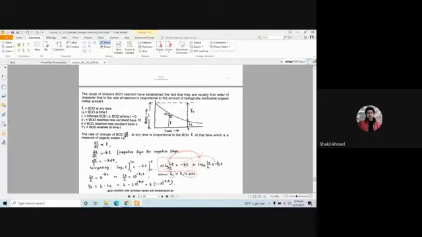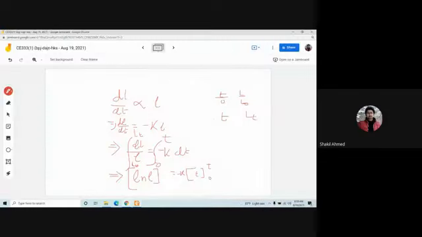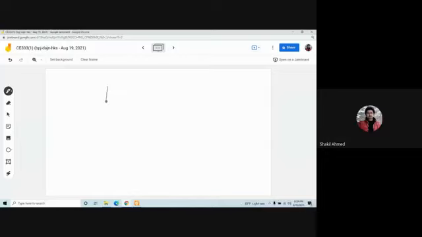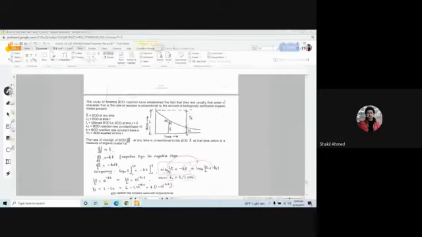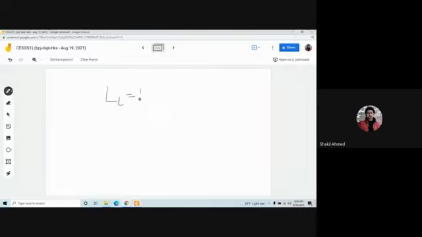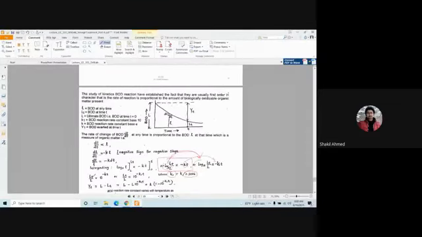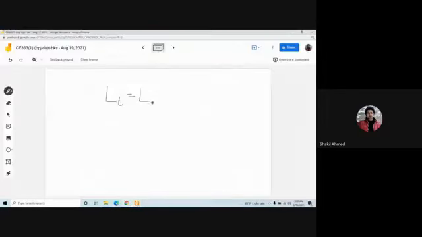Anyway, you just rearrange it, and eventually you will get that Lt equals L0 into 10 to the power minus k1 into t. Clear? Yes, sir. Okay.